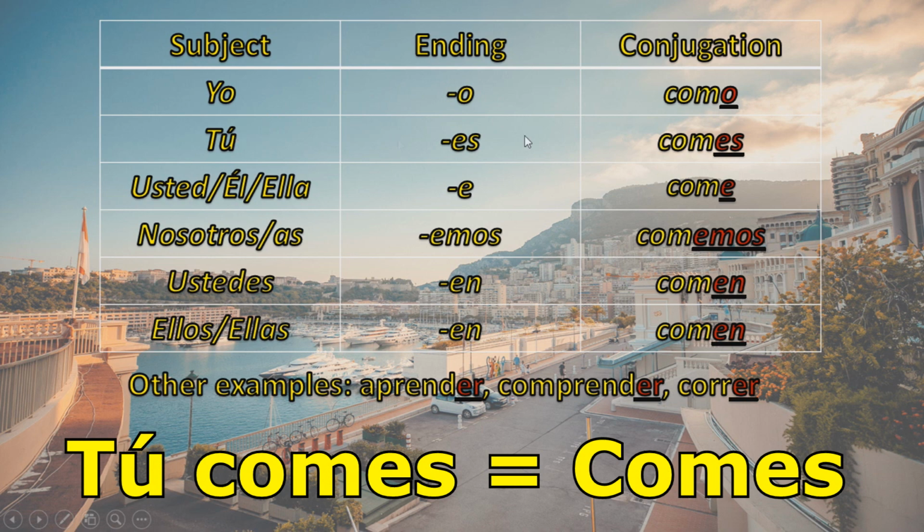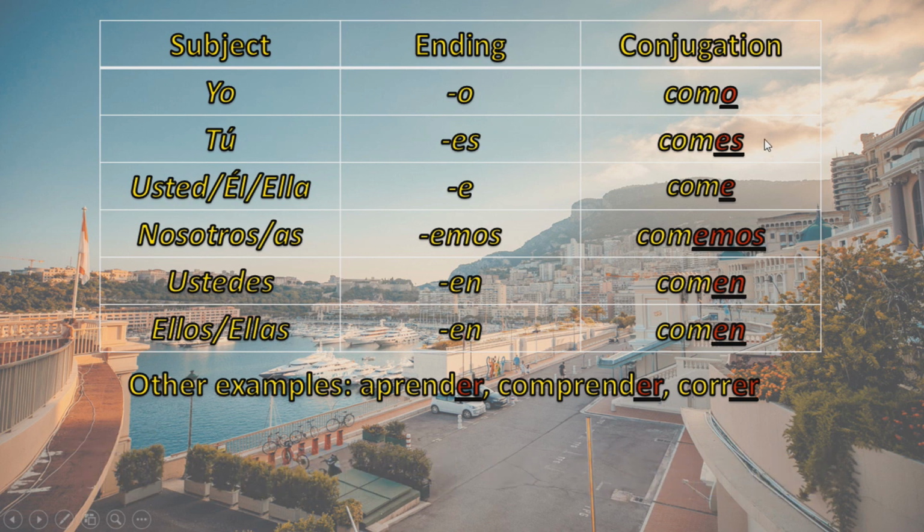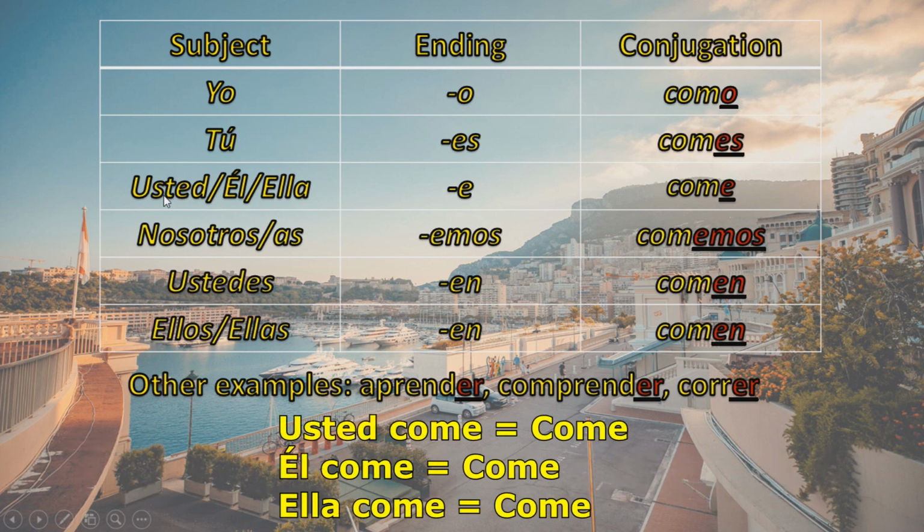Tú comes. The same, I remove the two last letters, ER, and in the case of tú, the only thing I have to do is replace it by the letters ES. So I say tú comes. Usted come, él come, ella come.